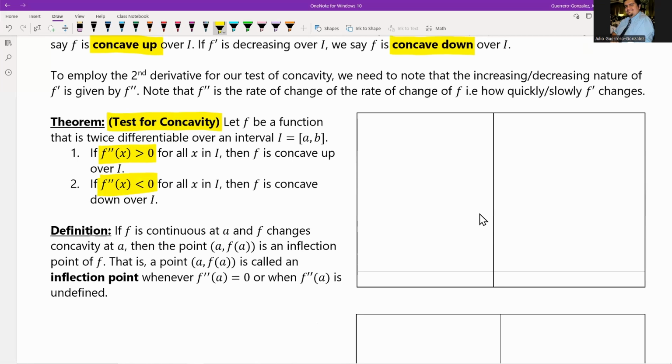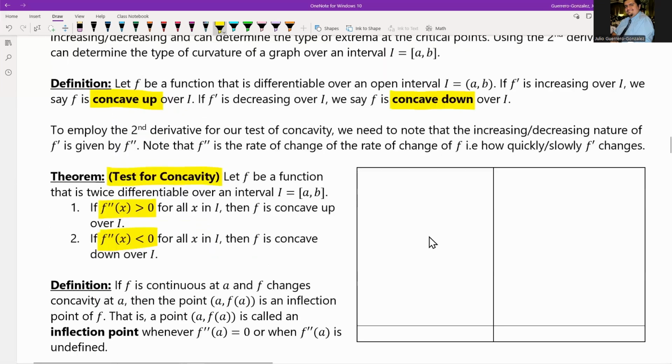So this picture is going to have a fair amount of stuff in it: concave up here, and then concave down here.